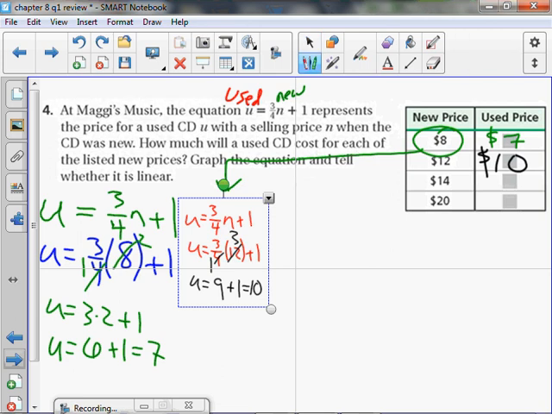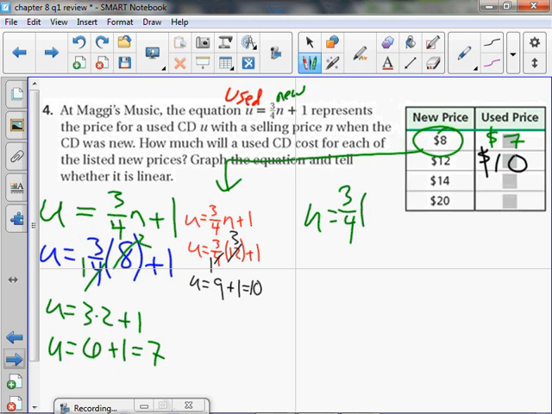For the next one, $14, U equals 3/4 times 14 plus 1. Okay? I do still have some cross-canceling, but 14 is not a multiple of 4, but they both have a factor of 2. So if I divide both by 2, I get 2 for 4 and 7 for 14. And so what I have, U equals 3 times 7 divided by 2 plus 1.